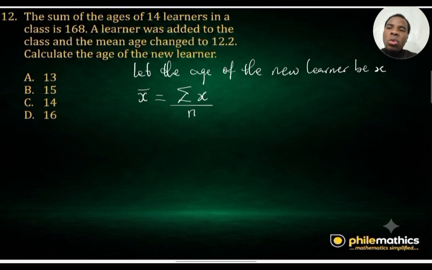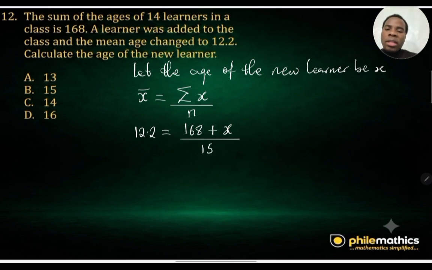If we add the new learner, we'll have 15 learners. So it means when we add the new learner, the mean changes to 12.2. 12.2 will give us the 14 learners, which sum up to 168 plus the new learner X, over the total number of learners, which will now be 15.